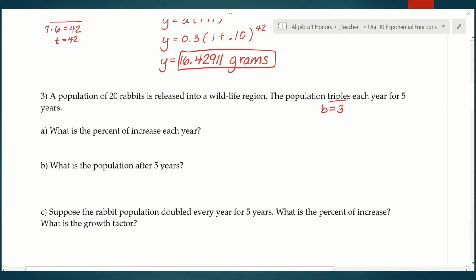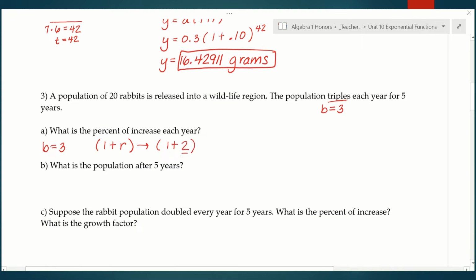Okay, so just to clarify, how can I write this? Let's go down to here, because it's saying in part A, what is the percent of increase each year? So again, we know our growth factor is 3, and that came from 1 plus some rate. 1 plus the rate gives me that B. So 1 plus what gives me 3? 2.